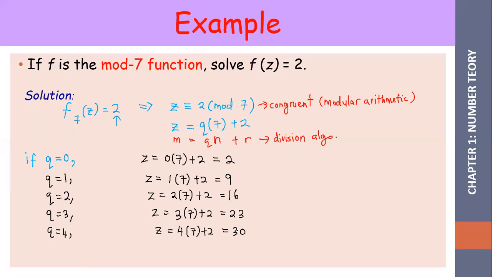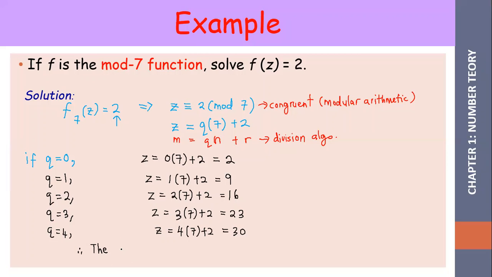So you can proceed, but I want to stop here. So what can you conclude here? We want to find the possible solutions of f(z) equal to 2.